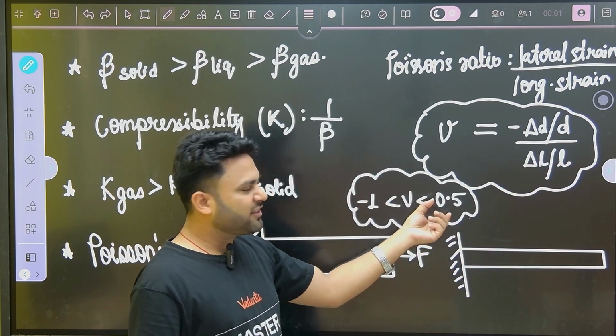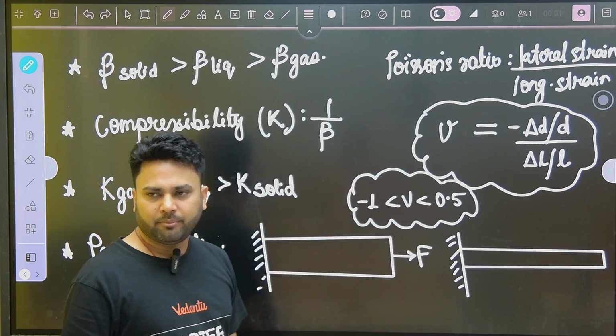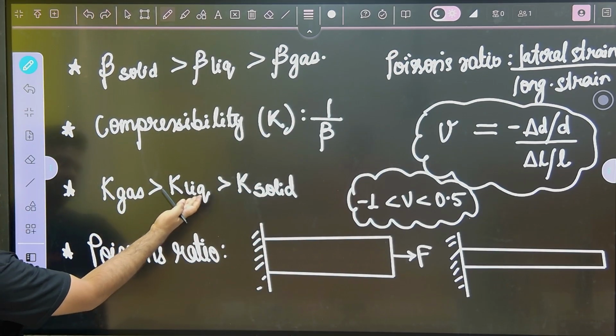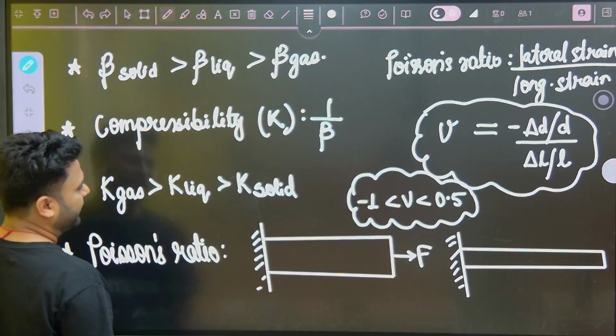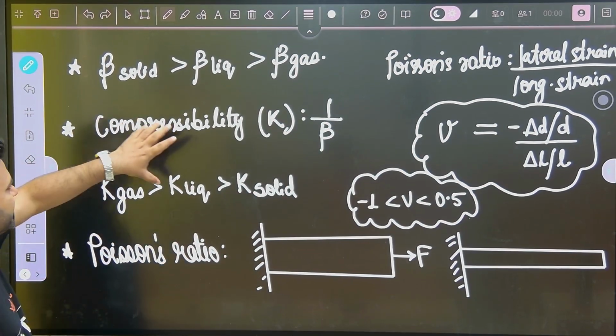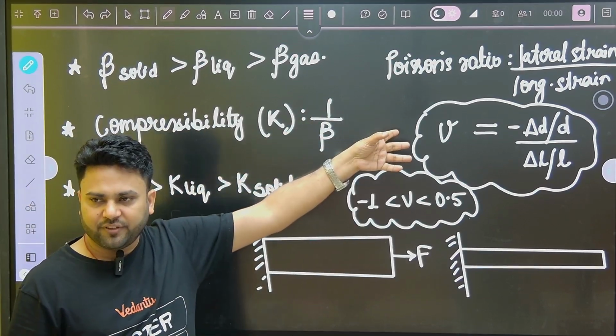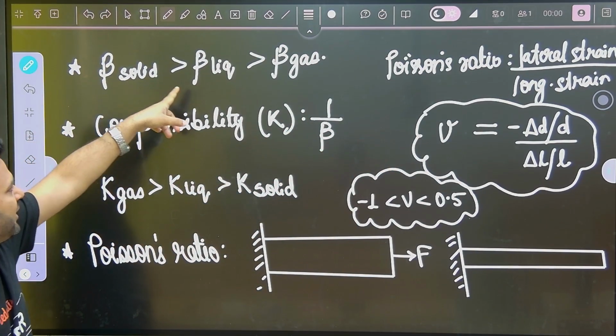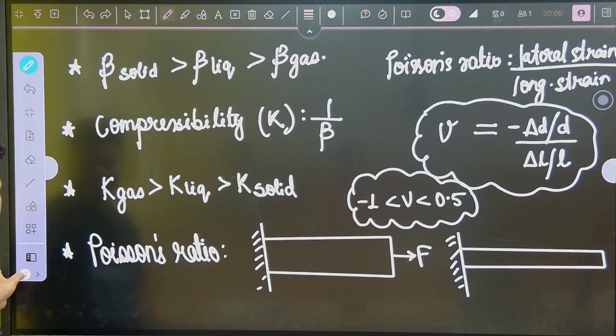Its maximum value is 0.5, minimum value minus 1. Then compressibility: gas is maximum, liquid is middle, and compressibility of solid is minimum. Compressibility and bulk modulus are just reverse of each other. So bulk modulus of solid is more, followed by liquid, followed by gas.